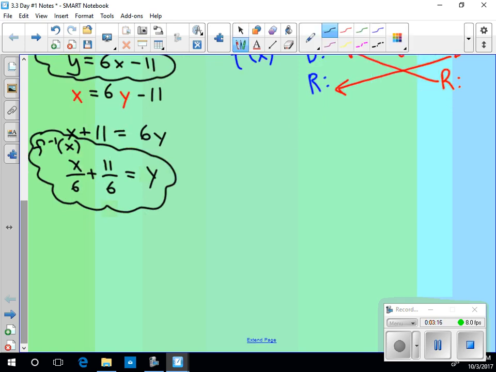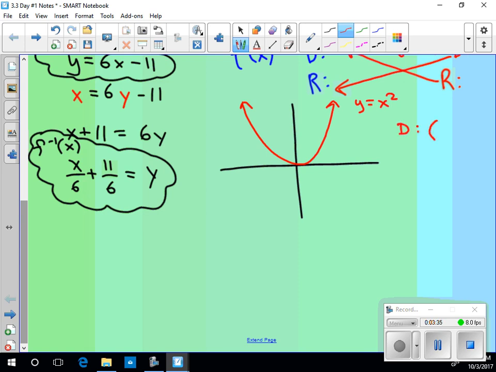Okay, so I want to talk about a special function. Here's the function: y equals x squared. What is the domain of this function? All real numbers. What's the range?